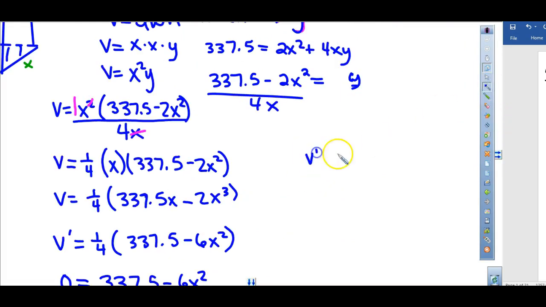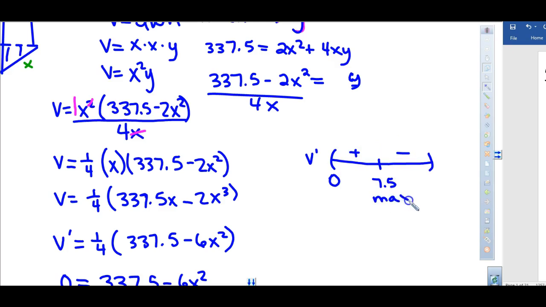So our sign chart is going to be open at 0. So now I can go past that, and we're going to evaluate the sign chart on 7.5. This becomes positive, this is negative. That means that this would definitely be a maximum.